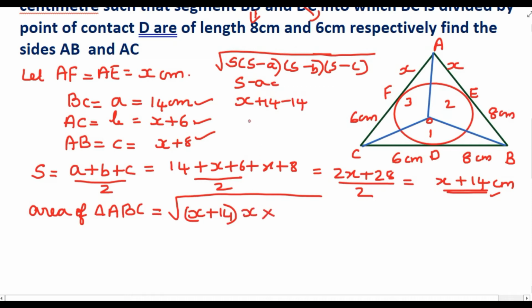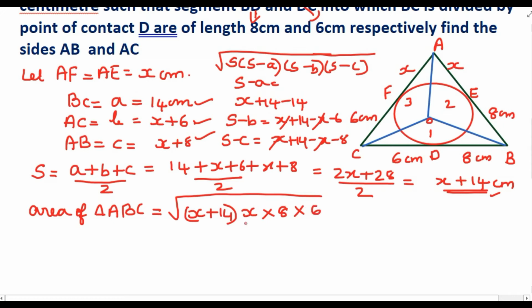And s minus b is x plus 14 minus x minus 6. So x and x cancel, 14 minus 6 is 8. Again s minus c is x plus 14 minus x minus 8. x and x cancel, 14 minus 8 is 6.